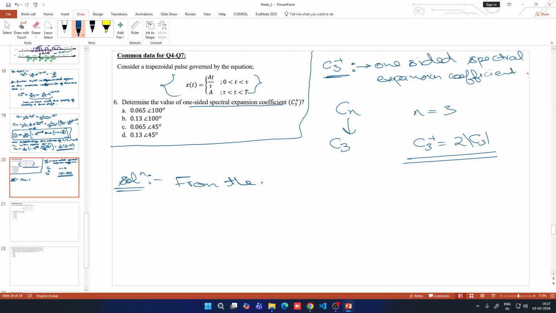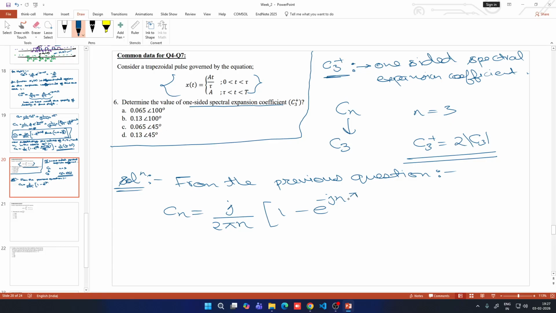From the previous question, Cn is given as j by 2 pi n into 1 minus e to the power minus j n pi by 4, times sin n pi by 4.